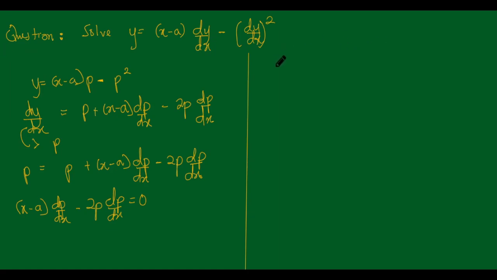We can then factorize the dp dx out, and we have dp dx into brackets x minus a minus 2p to be equal to 0. So we now have that dp dx is equal to 0 on dividing both sides by x minus a minus 2p.